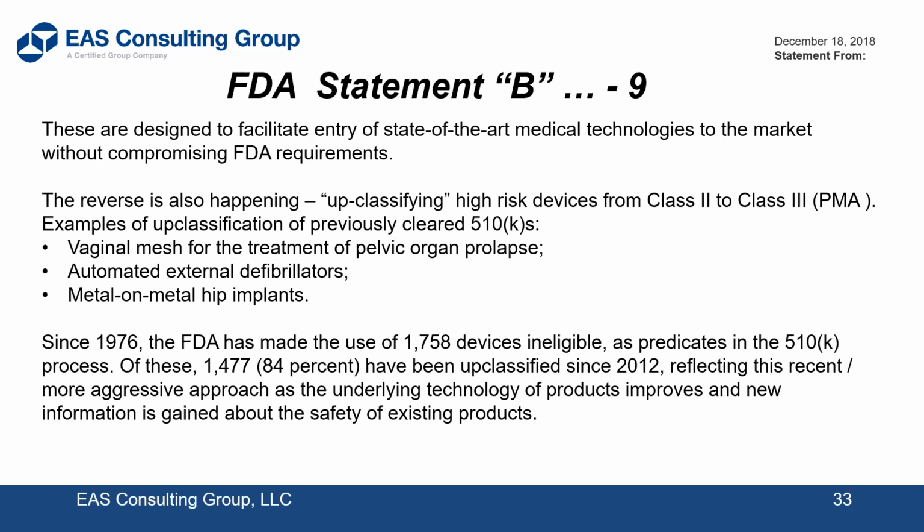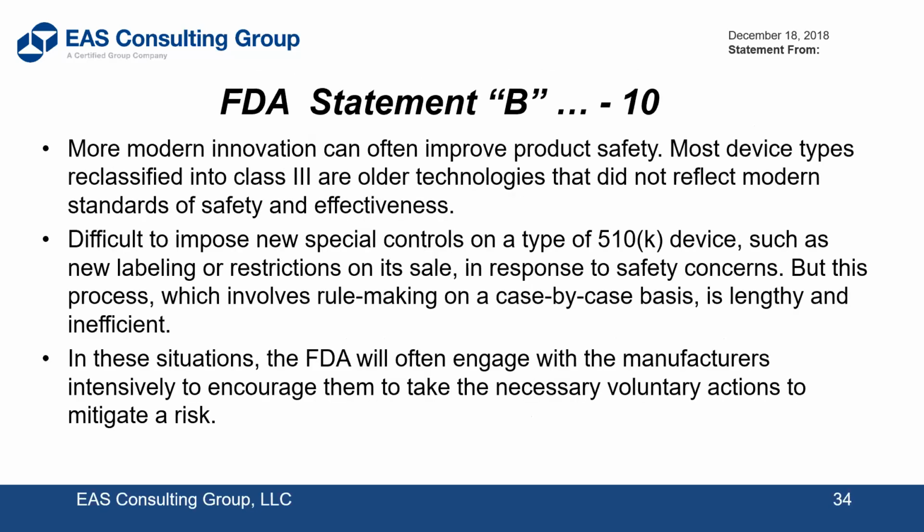We're focusing on how they're trying to expand the 510K to accept more novel technologies, but they're also recognizing that devices that have been cleared under the 510K in the past may have been prematurely cleared where they should have been done under PMA, and they're backtracking on some of those. It's not a one-way street, so to speak. So the emphasis is, again, on moving toward modern technologies to improve the device and its effect upon the patient.